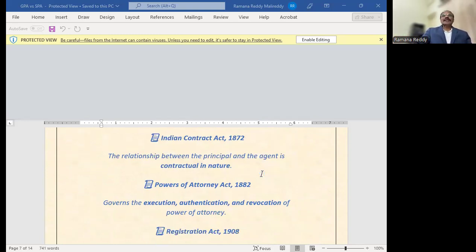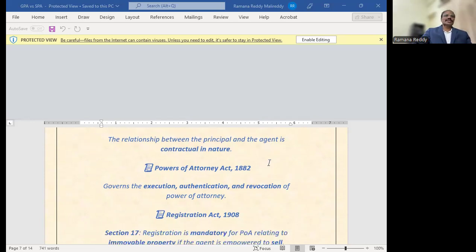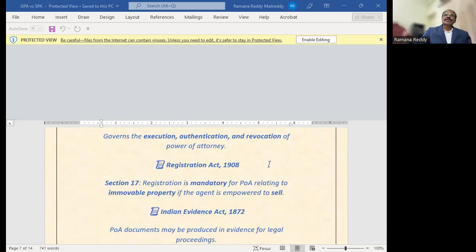Then another act comes into the picture, the Power of Attorney Act 1882. It governs the execution, authentication and revocation of power of attorney. Then the Registration Act 1908, Section 17.